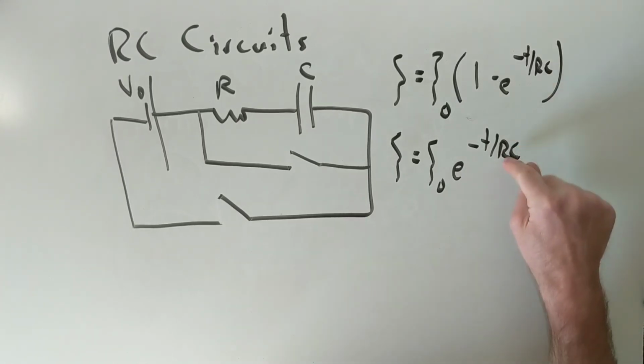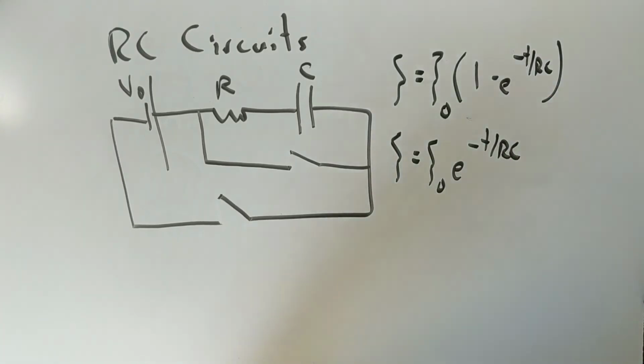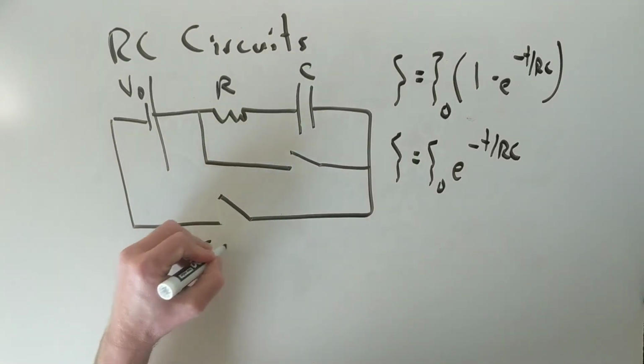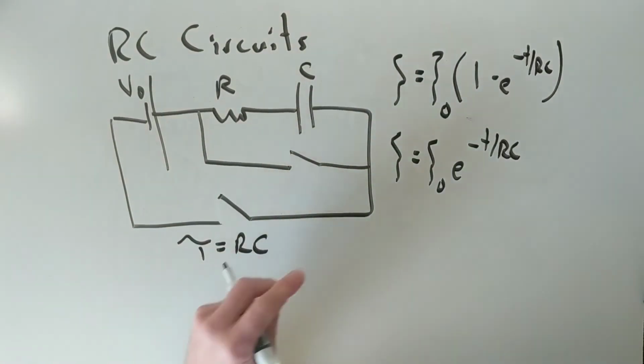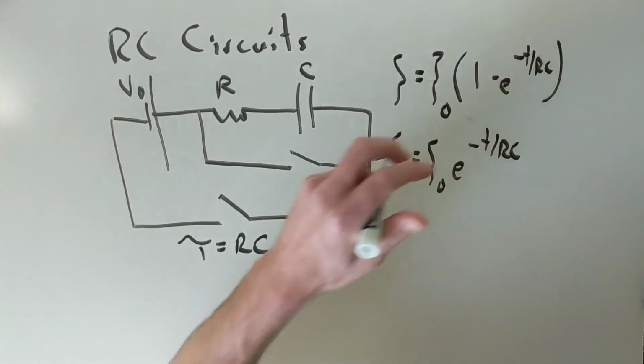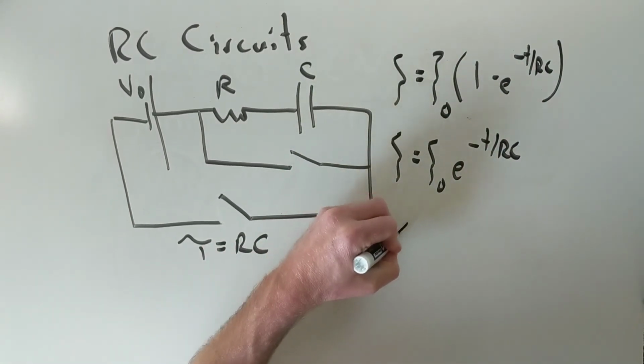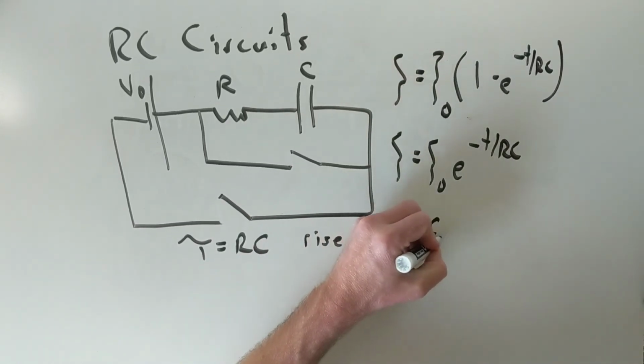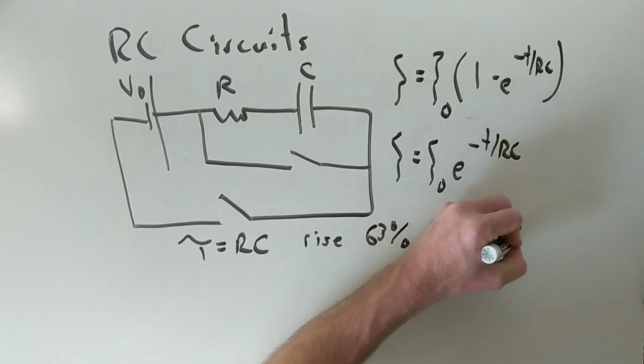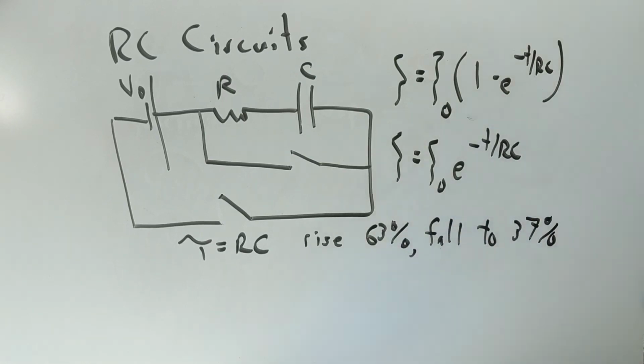The time constant involved here is R times C. Don't forget that resistance times capacitance is a measure of time. This is the time it takes to rise to 63% of its total value or fall to 37% of its total value, whatever that might be in the RC circuit.